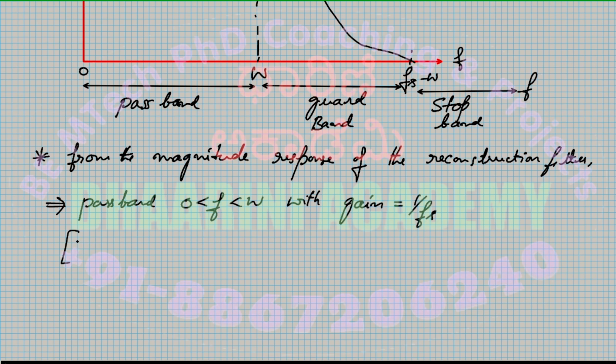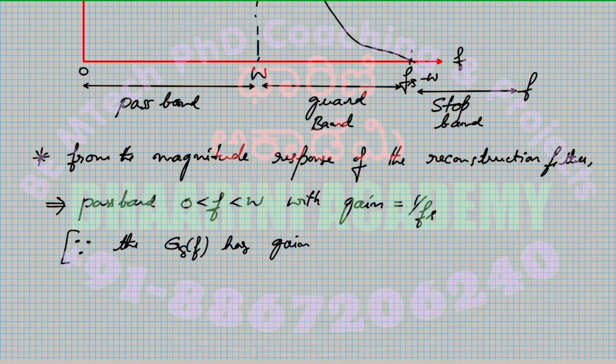So I'll write the reason here. This is because the g delta of f has gain. Okay, it's not called a gain. I can call it a magnitude.